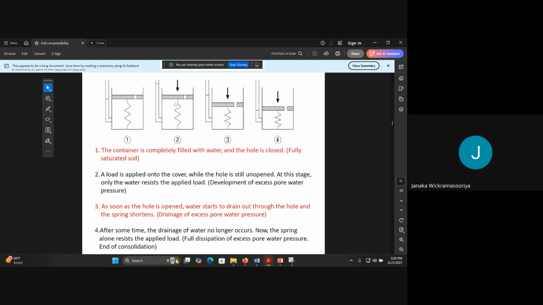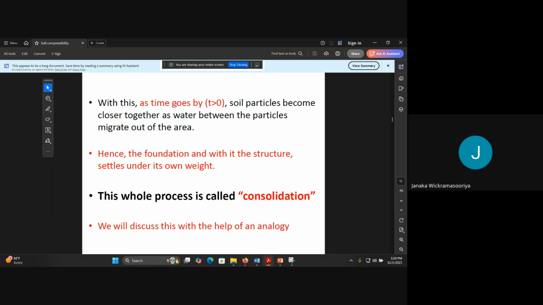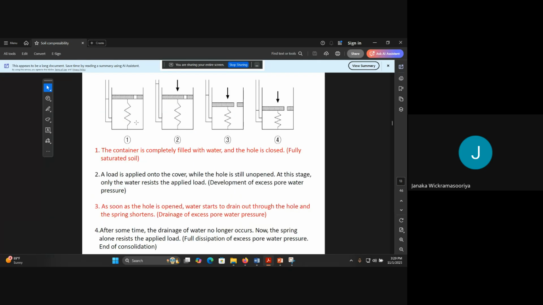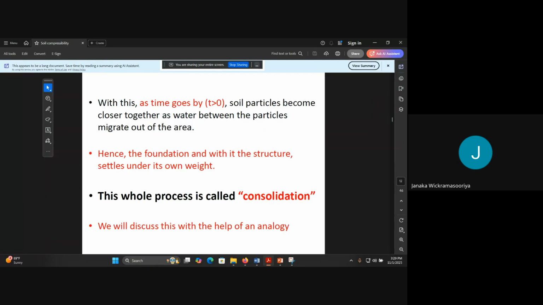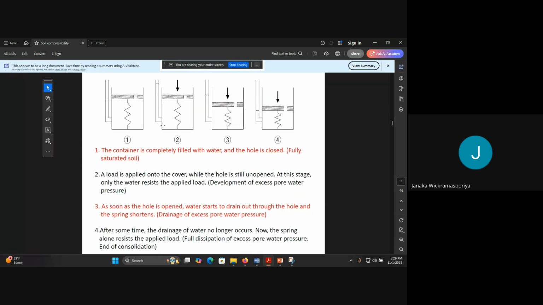Right. Let me explain this consolidation with this model. And if you have any questions regarding what we have discussed up to now, please ask me now.